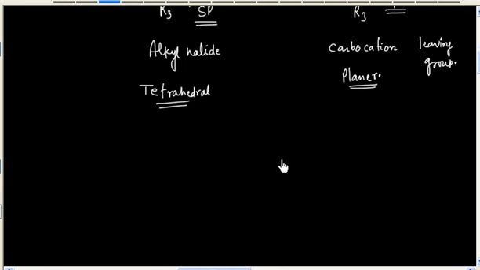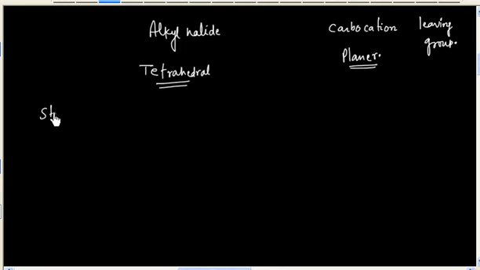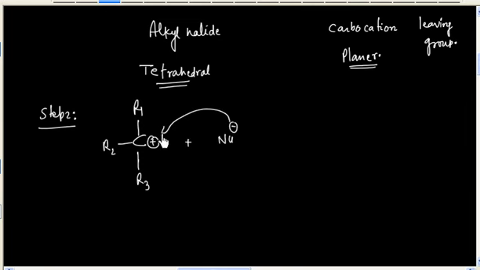Now in the next step, that is second step, carbocation is attacked by nucleophile to give the final product.